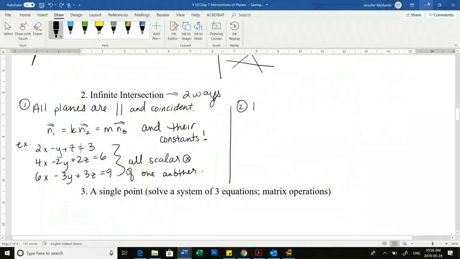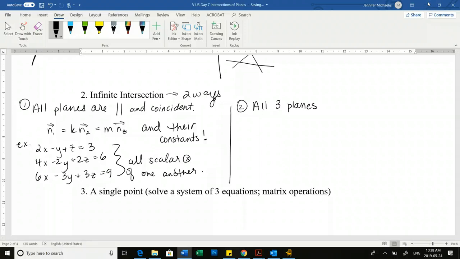So all 3 planes intersect in a single line. Okay, and what this would mean is you also have coplanar normals in this scenario.